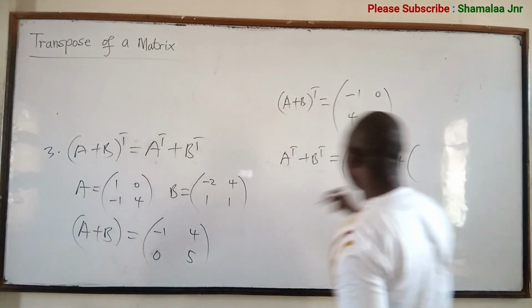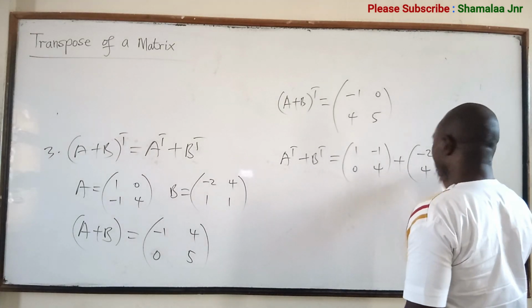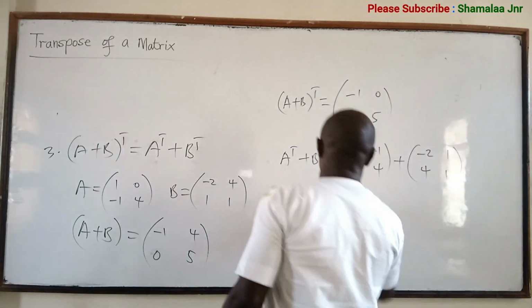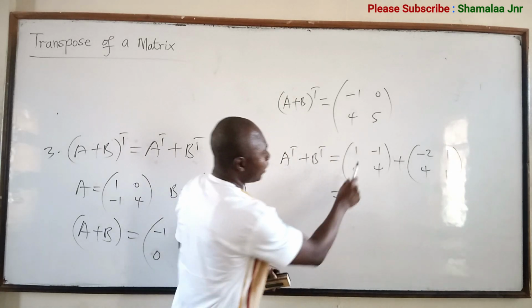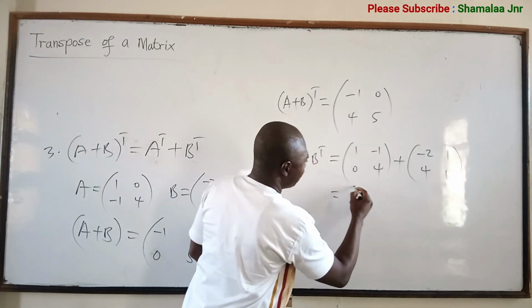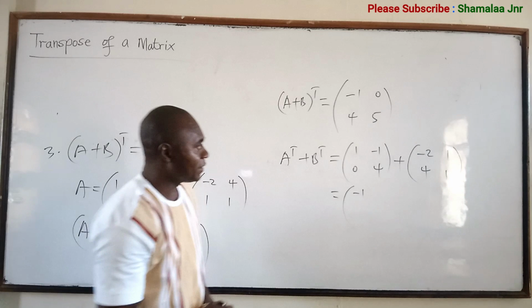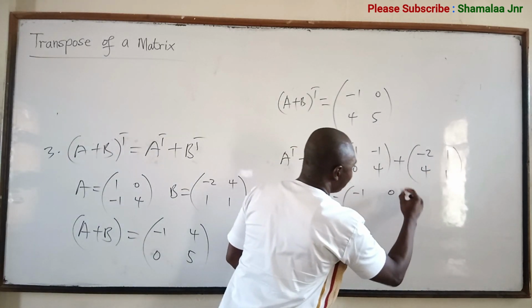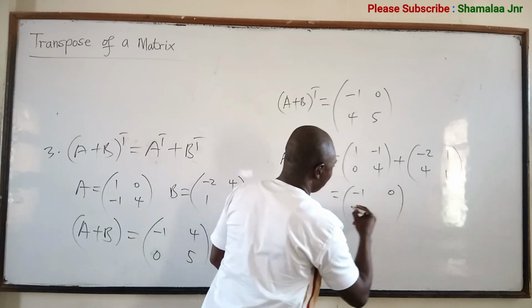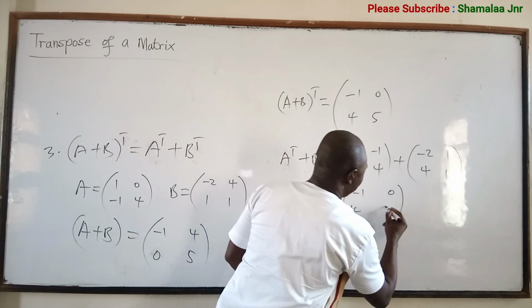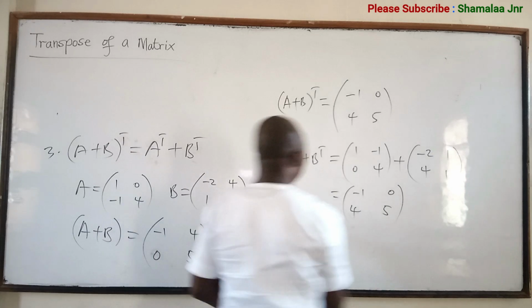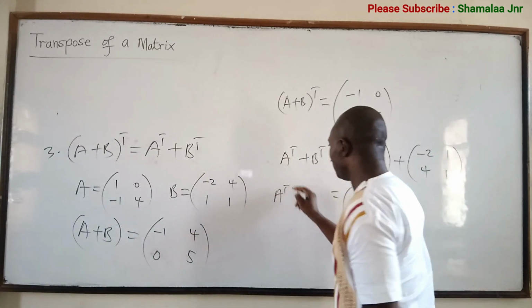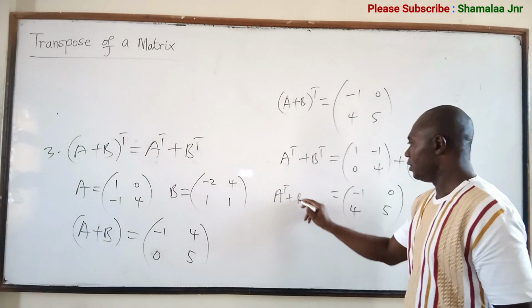B transpose is going to be this. Now when you add these two, this plus this, that will be -1. 1 plus -2, that will be -1. -1 plus 1 is 0. 0 plus 4, 4. 4 plus 1, 5. Isn't it?